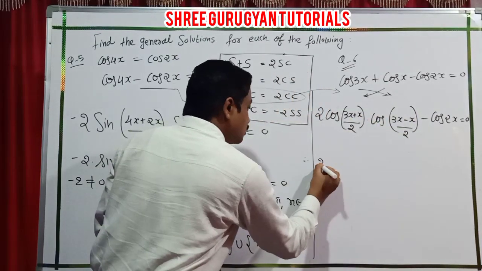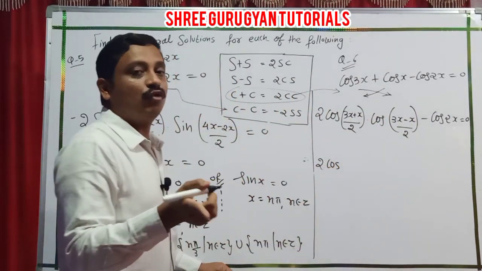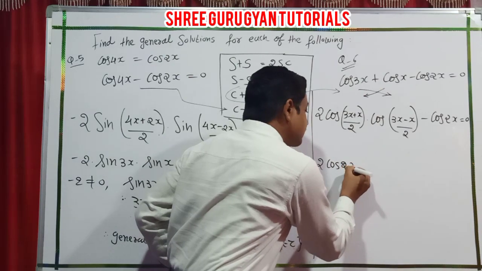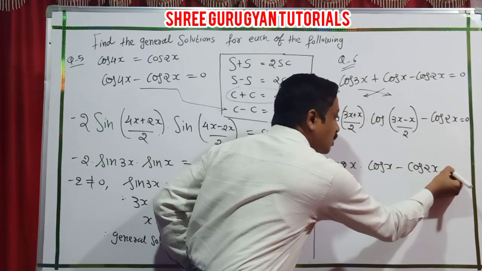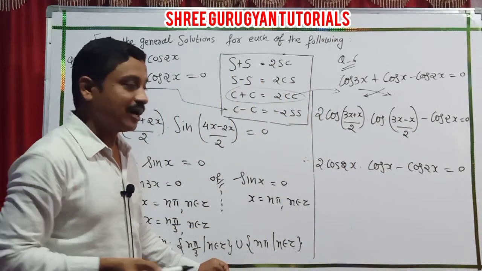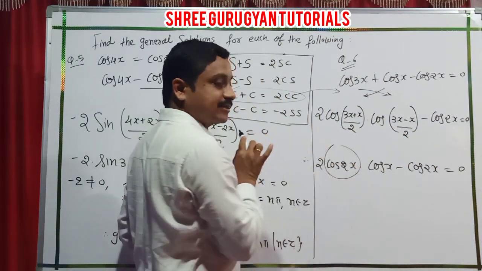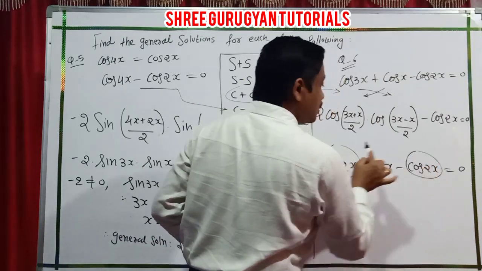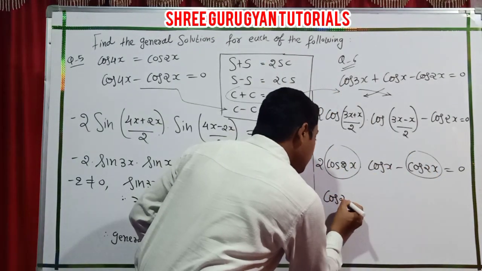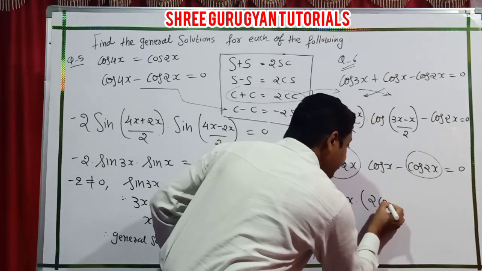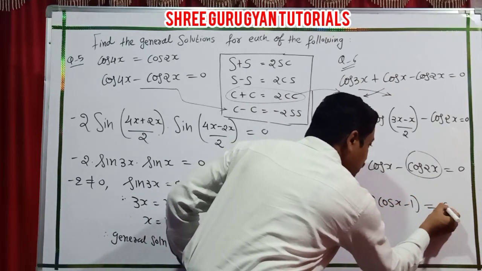So what you get is 2 cos 4x by 2, which means 2x, and cos x only, and minus cos 2x is equal to 0. Now this cos 2x and this one, students, you take out the common cos 2x. The remaining is 2 cos x minus 1 is equal to 0.